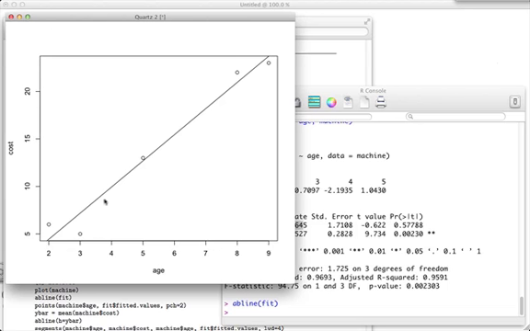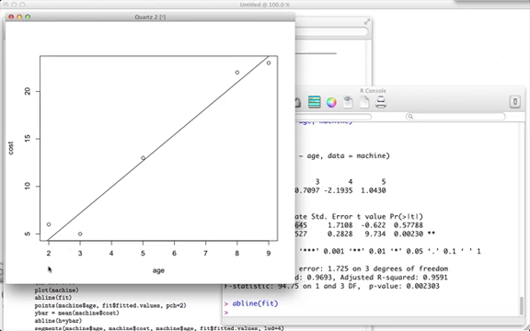The relationship looks very linear between 2 and 9. However, outside of this 2 to 9 window, all bets are off. So 0 is out here someplace. We don't have any data to say what's going to happen at 0. If we extrapolate with that line, it's going to go through minus 1, but that's probably not realistic.